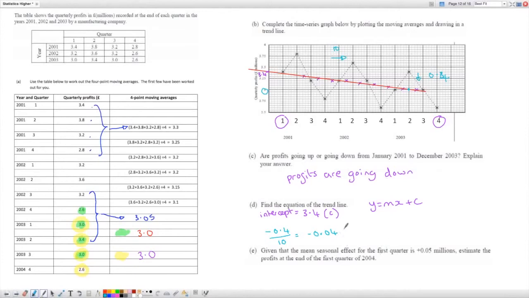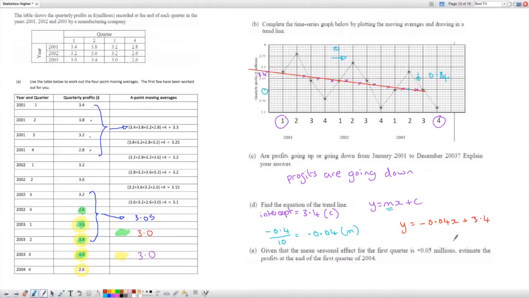So we have our gradient, our m value here, and our c value. So putting that in an equation together, we have y equals negative 0.04x plus 3.4.